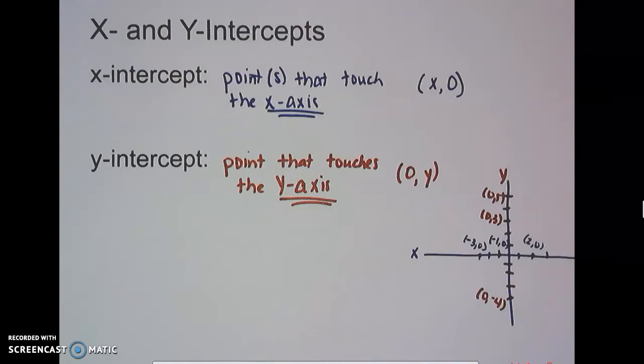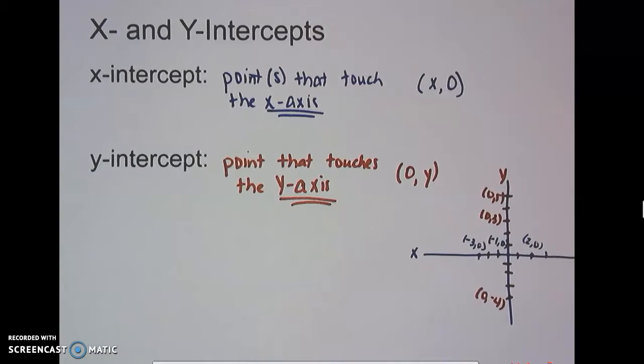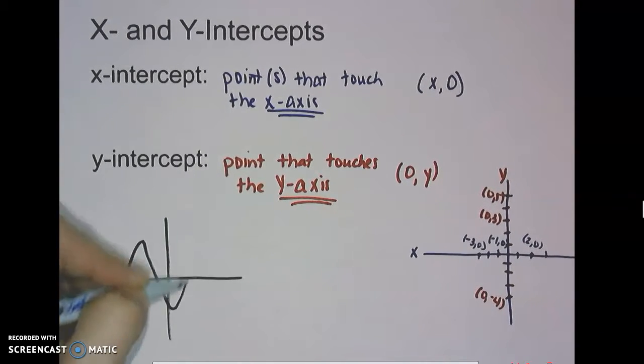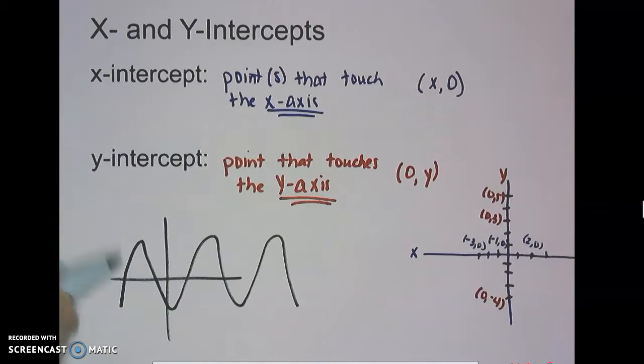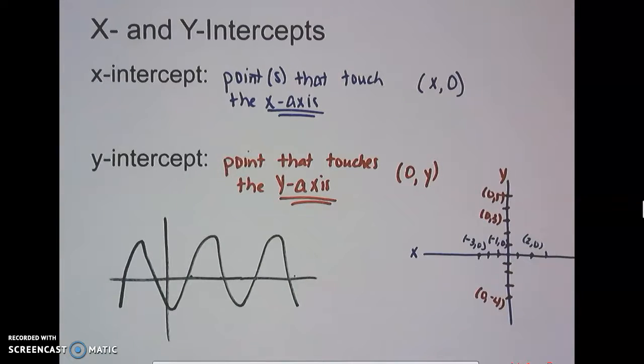Okay, now let's talk about how many possibilities are there for x and y intercepts. Why did we say plural for x-intercepts, but it's only one point for a y-intercept? So remember, we're in our functions unit. In order to be a function, x's can't repeat, meaning it's got to pass the vertical line test. And so we could have a graph that crosses that x-axis however many times. Doesn't matter.